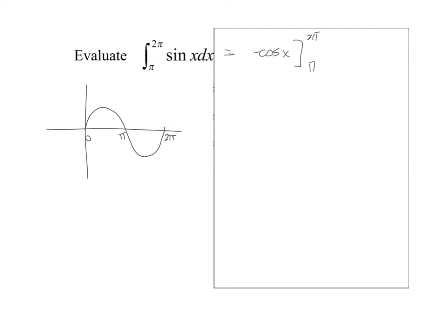Yesterday when we plugged those in, we went negative cosine of 2 pi, take away negative cosine of pi. The double negatives in the middle, we might as well change to positive. Now if we plug it in, cosine of 2 pi is 1, so we get -1, and cosine of pi is -1. -1 plus -1 is -2. So our definite integral answer is -2.